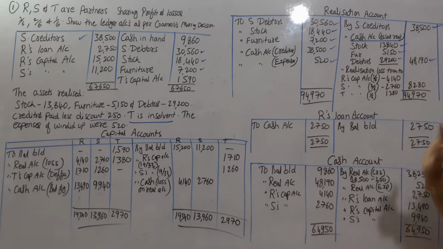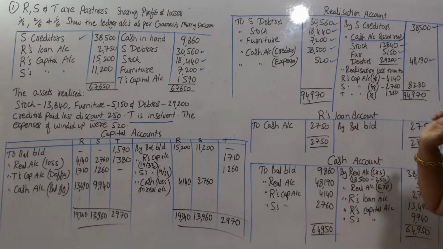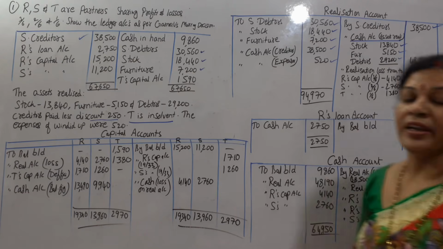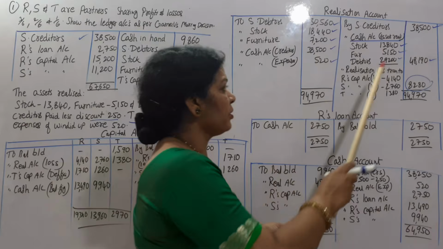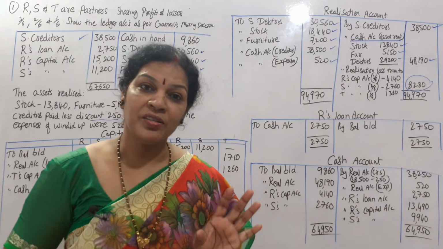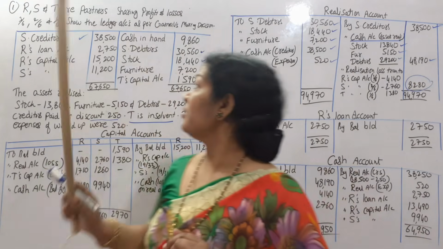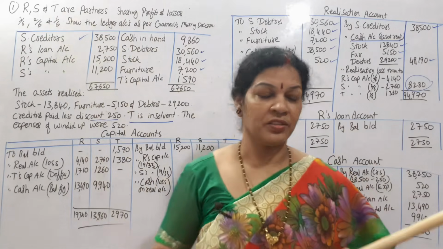Everything is over. Now if we total up the realization account, 94,970 minus these two, you are getting 8,280. 8,280 is loss. On the realization account credit side you got a balancing figure, which means it is loss. Loss is to be distributed to the partners in the ratio of 3/6, 2/6, 1/6.